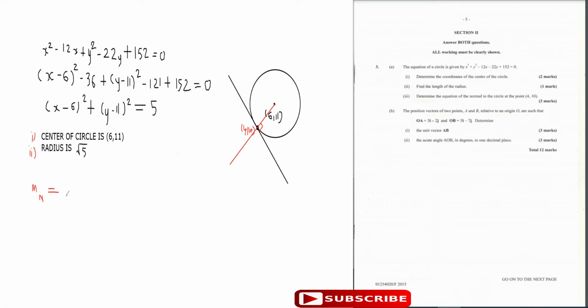So it's 11 minus 10 over 6 minus 4. 11 minus 10 is 1. 6 minus 4 is 2. That's the gradient of the normal. Gradient of the normal is 1 over 2.